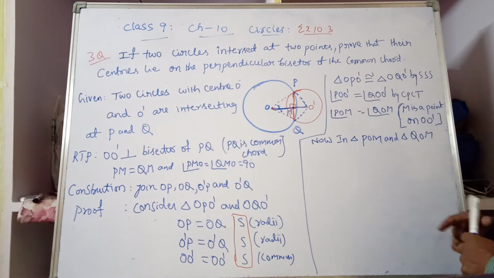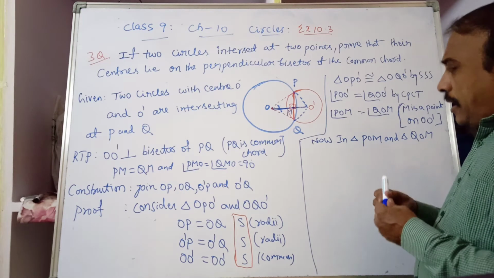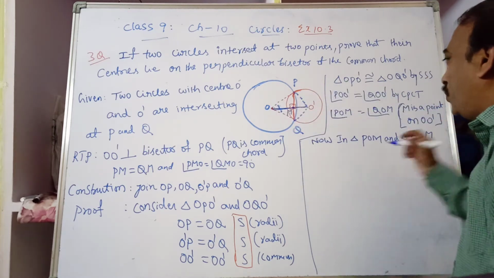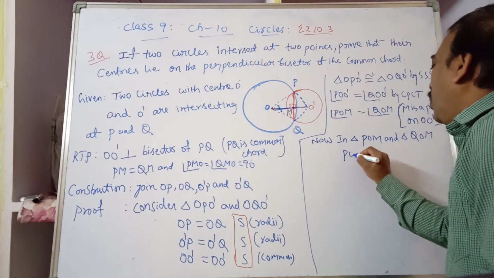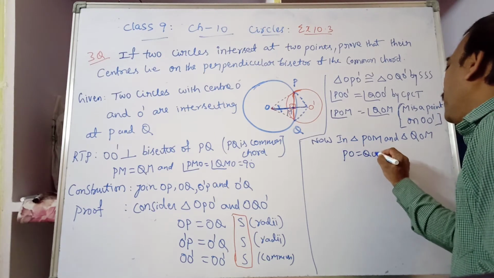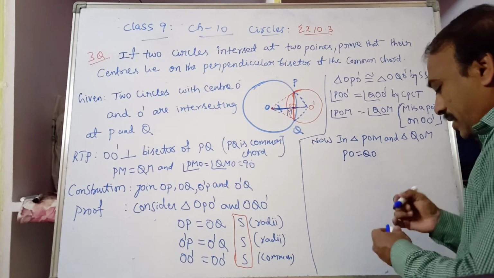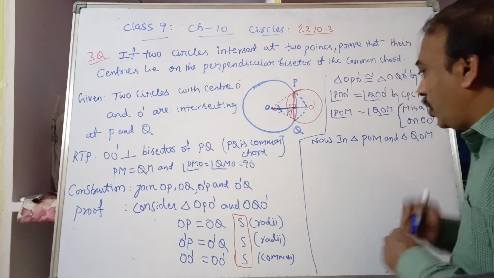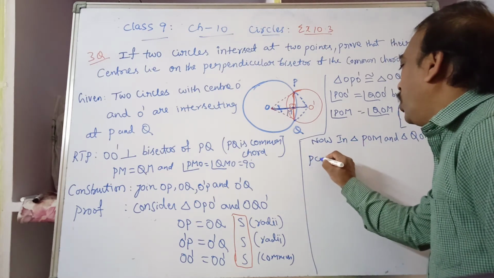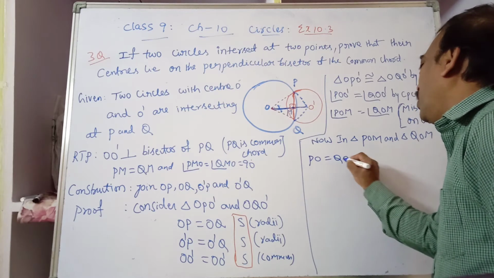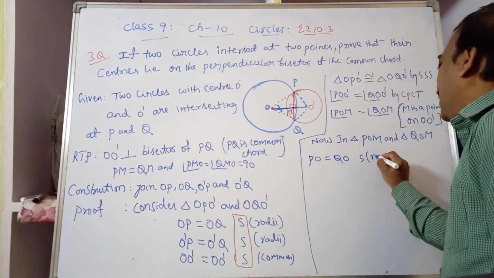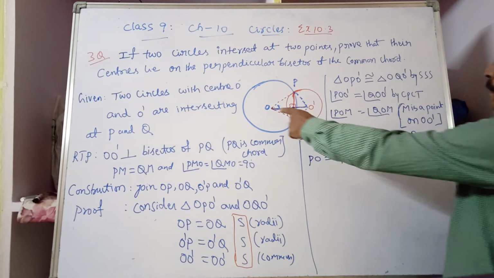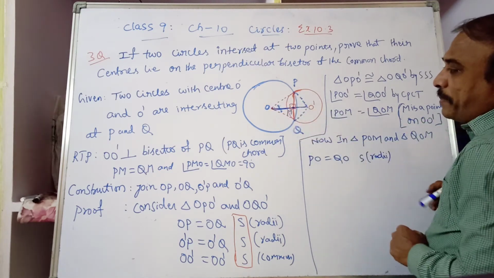In that, which one? PO is equal to QO, this is a side. I'll write this side, PO is equal to QO. This is the side, the radii.